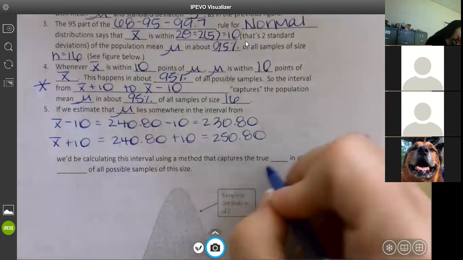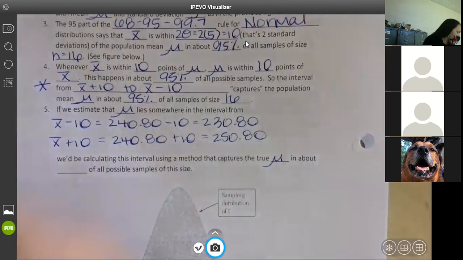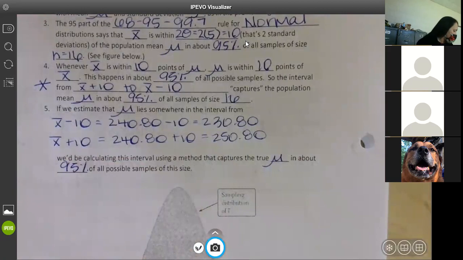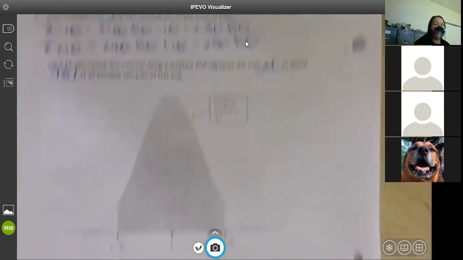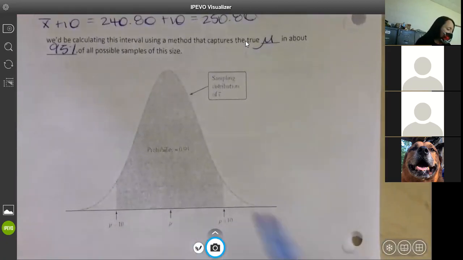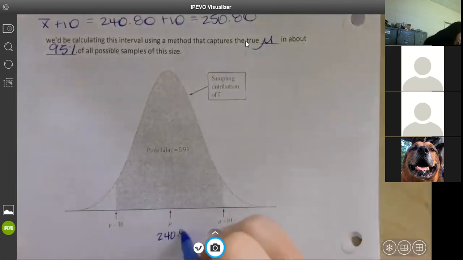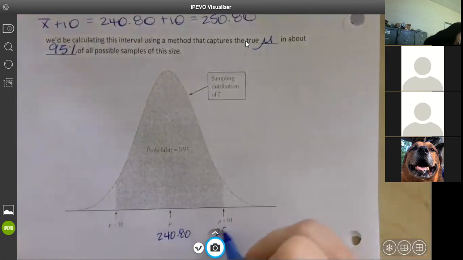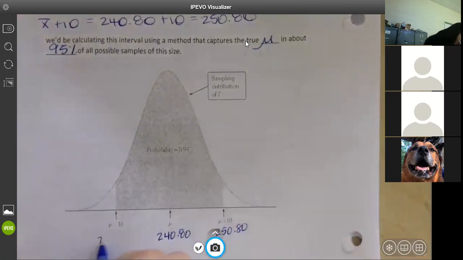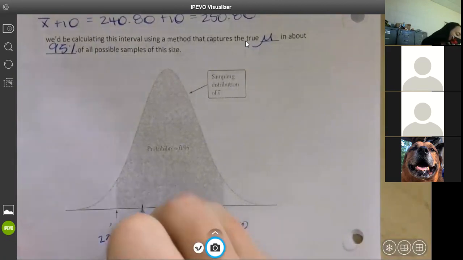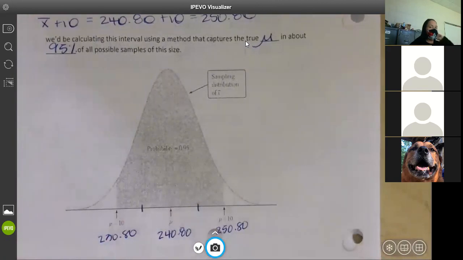So we'd be calculating this interval using a method that captures the true mean in about 95% of all possible samples of this size. Okay, if we look down here, they have mu minus 10, sorry, mu was that 240.80. This was 250.80 and 230.80. And remember, we would have 1 standard deviation right there.